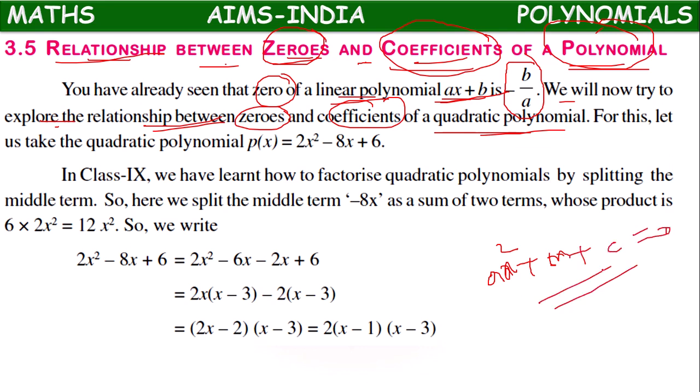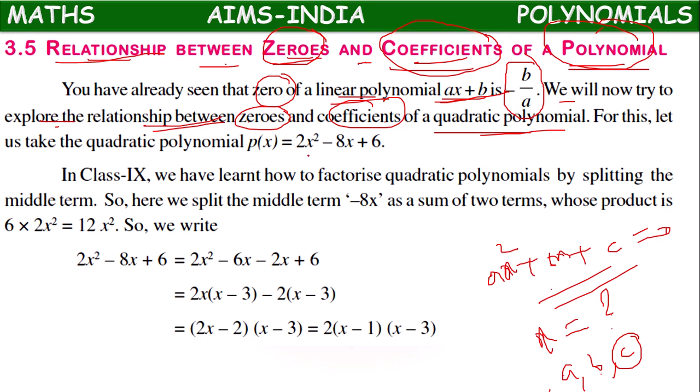Zeros means the values of x, and a, b, c, the constants, are called coefficients. C is the constant, a is the x square coefficient, b is the x coefficient.